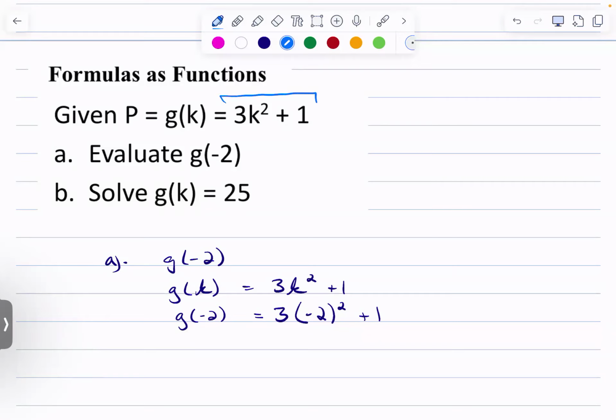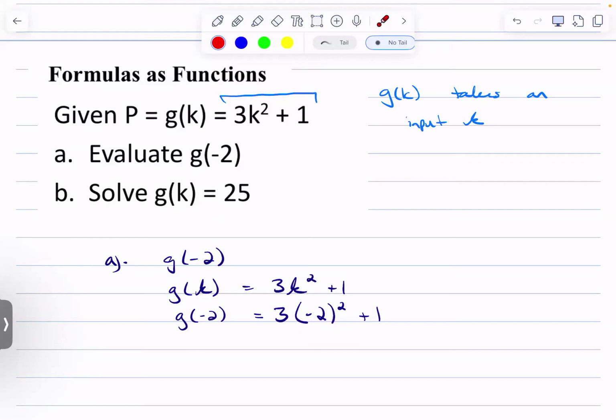is just talk about in words what this formula does. Okay? And so g of k takes an input k. First, it squares it. So you have to start like the inside of an onion, right? And then you work out through your layers. And so you're going to square your k, then multiply it by 3, and then add 1, right? Working your way out through those layers.